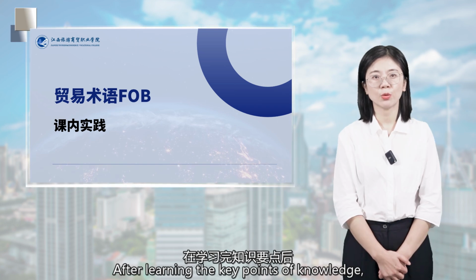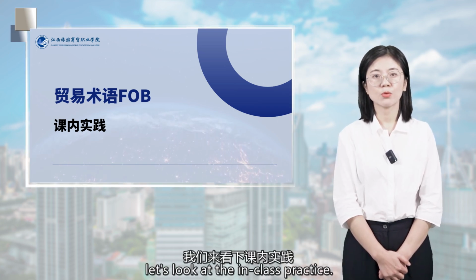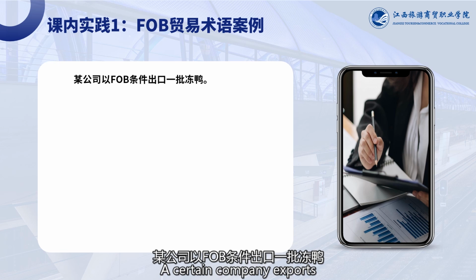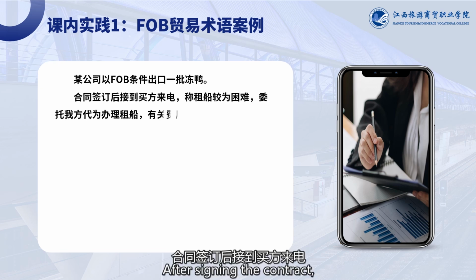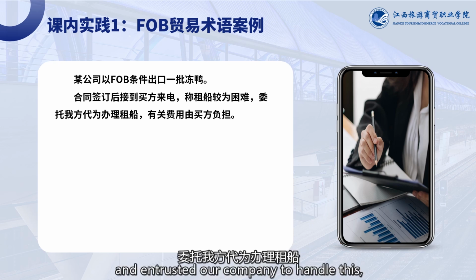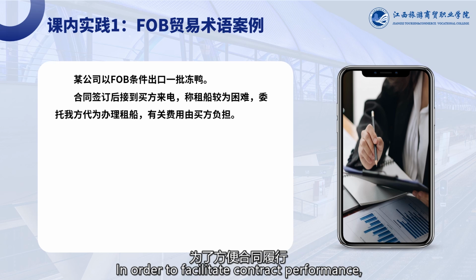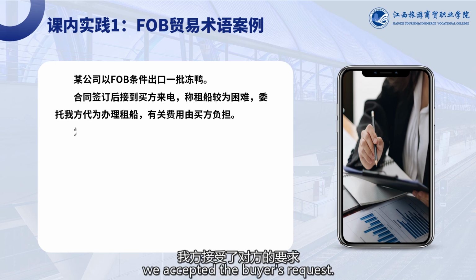After learning the key points of knowledge, let's look at the in-class practice. A certain company exports a batch of frozen ducks under FOB terms. After signing the contract, they received a call from the buyer, stating that it was difficult to charter a ship, and entrusted our company to handle this, with the related costs borne by the buyer. In order to facilitate contract performance, we accepted the buyer's request.